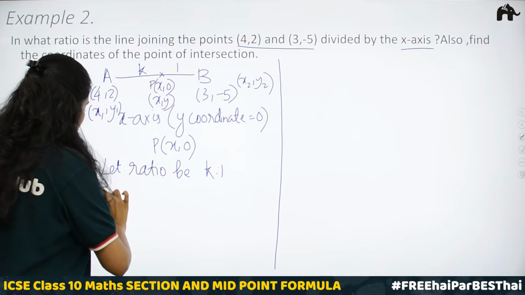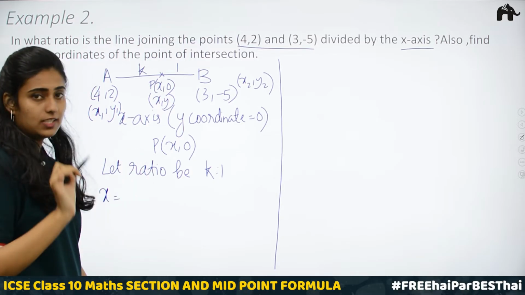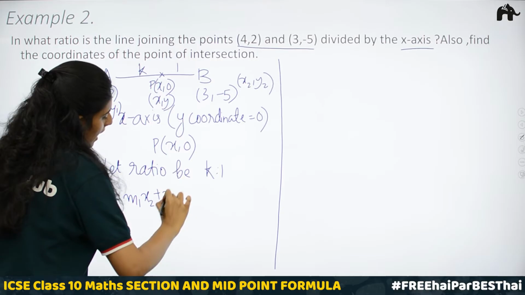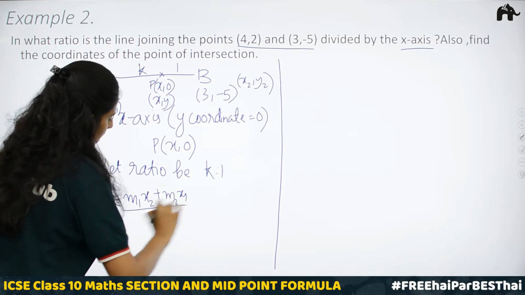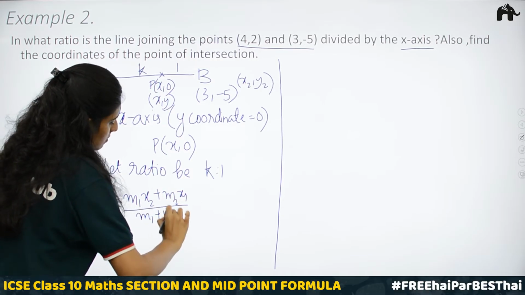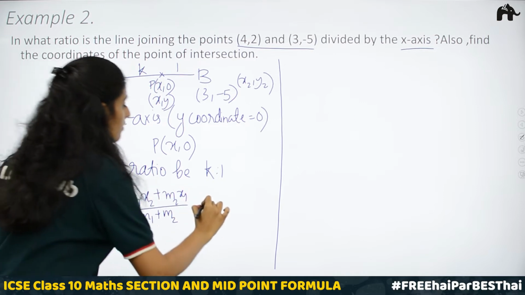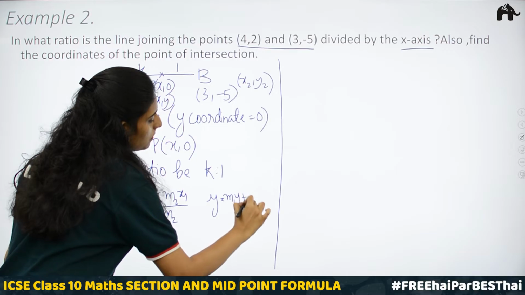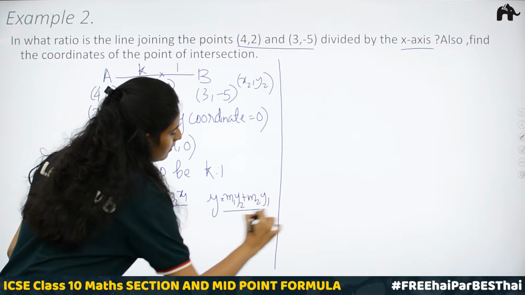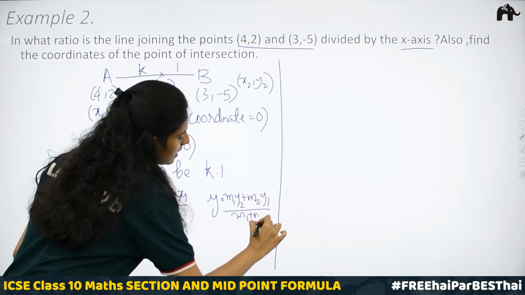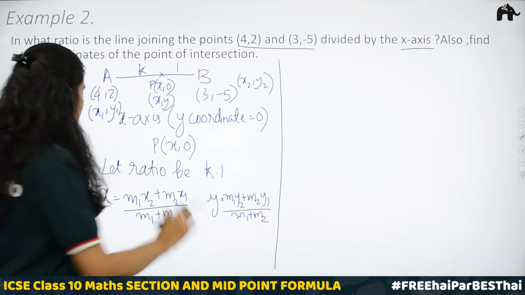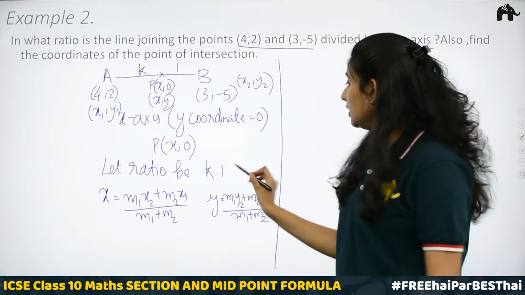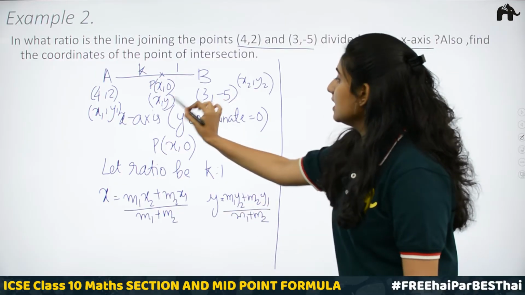We have x coordinate is equal to m1 x2 plus m2 x1 divided by m1 plus m2. And the y coordinate, y is equal to m1 y2 plus m2 y1 divided by m1 plus m2. Let's take the y coordinate because x value we don't know. We know the y value, yes, y is equal to 0.